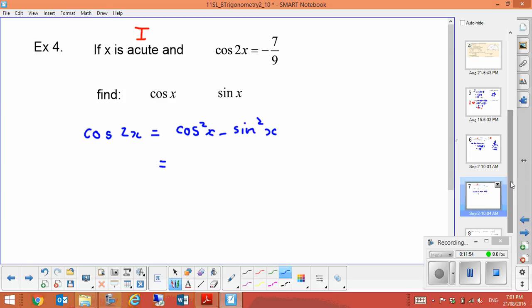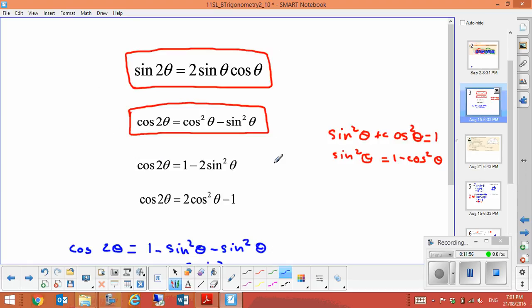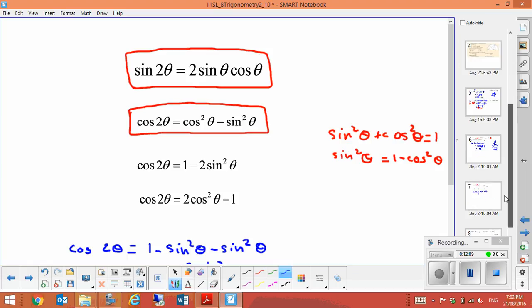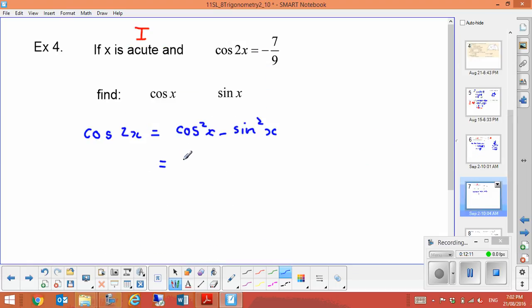Remember back at your relationships? Let's just use one of these, and it doesn't matter whether we use this one with just sine squared theta or this one with cos squared theta. Anyway, let's use that one because we'll start with a positive value. So we're going to go, that is equal to 2 cos squared x minus 1.